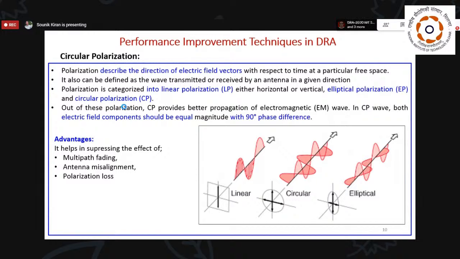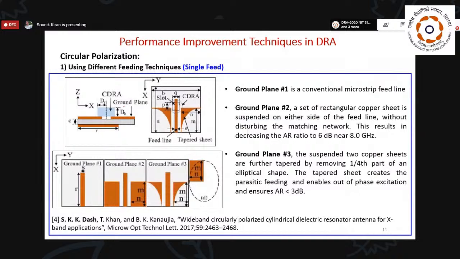So we also thought about designing an antenna. If you look at the literature, we will find a lot of work done on circular polarization for DRA. But it is always challenging to achieve circular polarization using a single feed, because there are different techniques: we can ensure circular polarization in a dielectric resonator antenna by using a single feed, a dual feed, or different DRA shapes.